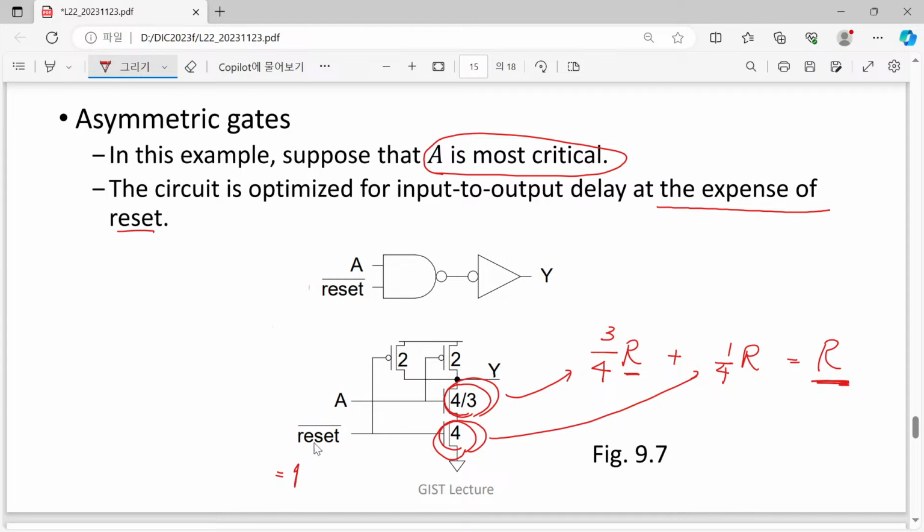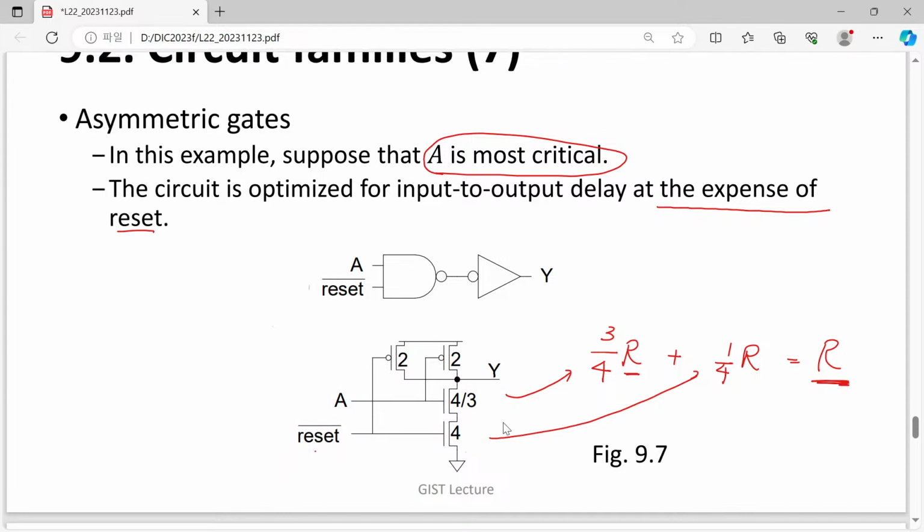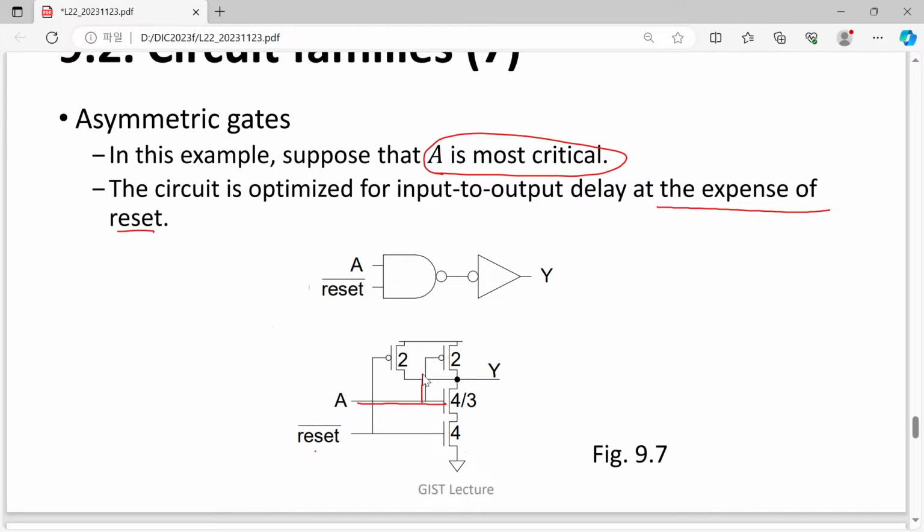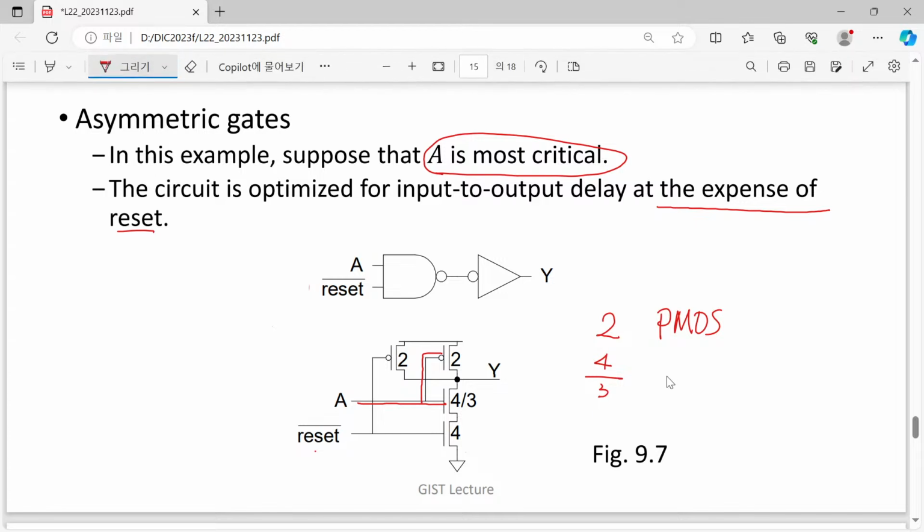So now, when we consider the capacitance seen from this A node, it can be reduced significantly. For example, starting from A, which one is seen? You can see a 2 times wider P MOSFET and a 4/3 times wider N MOSFET.